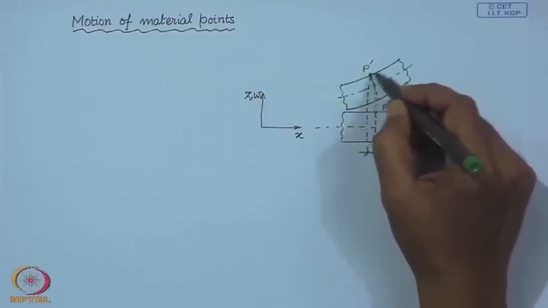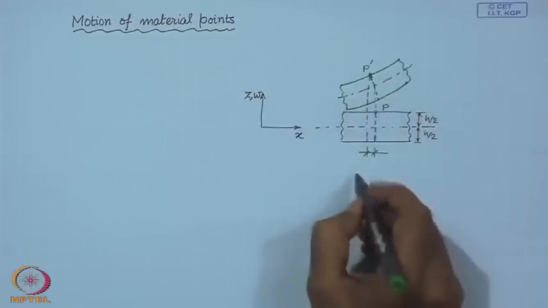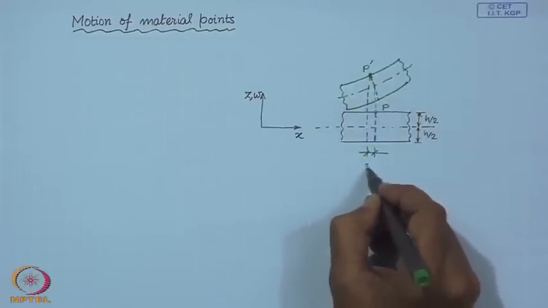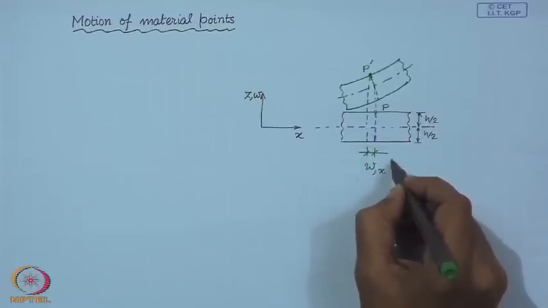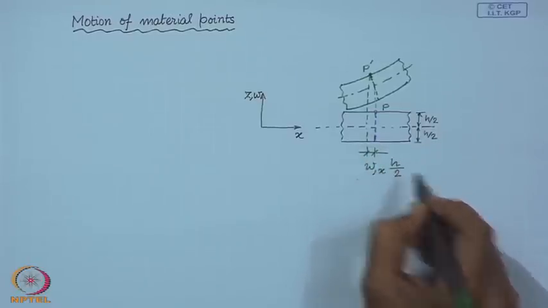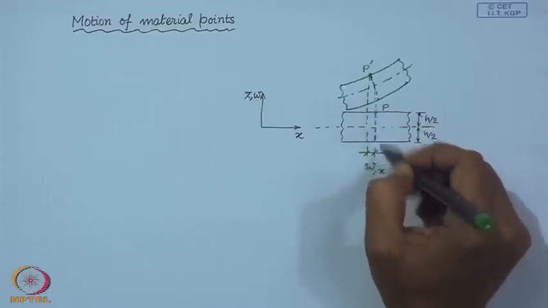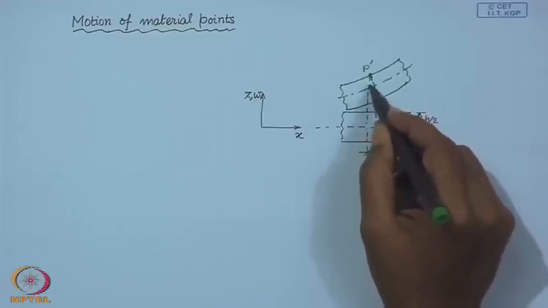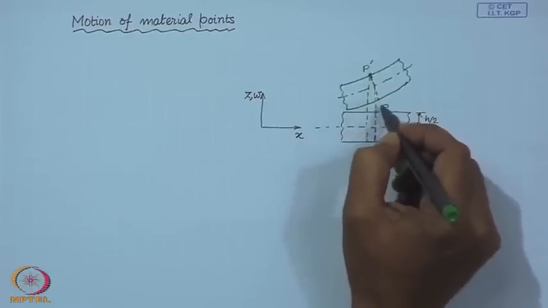So, the axial motion of this point because of the deflection, for small deflections, may be written as del w del x, which is the small angle, times h by 2. So, the small angle times this height will be the axial motion of this point P.